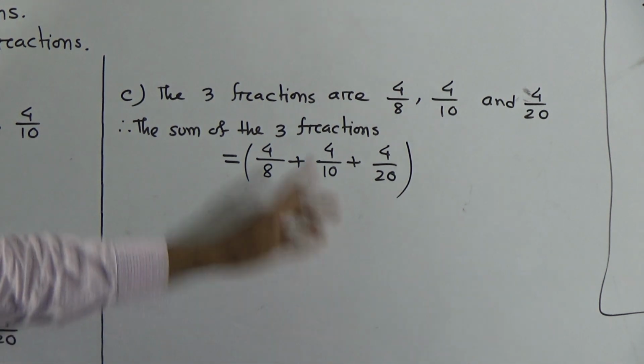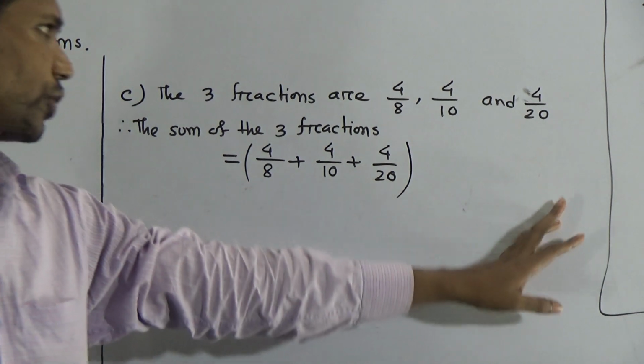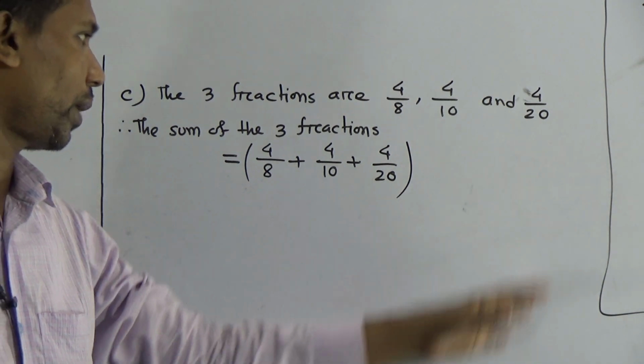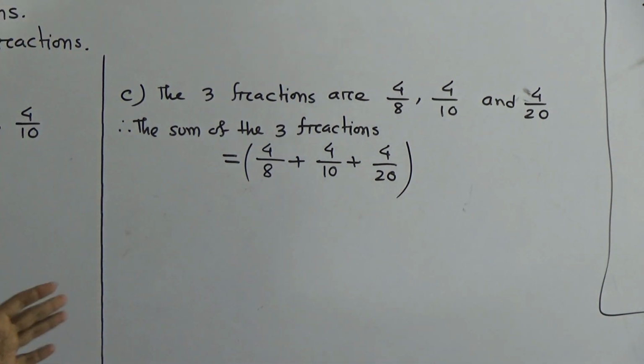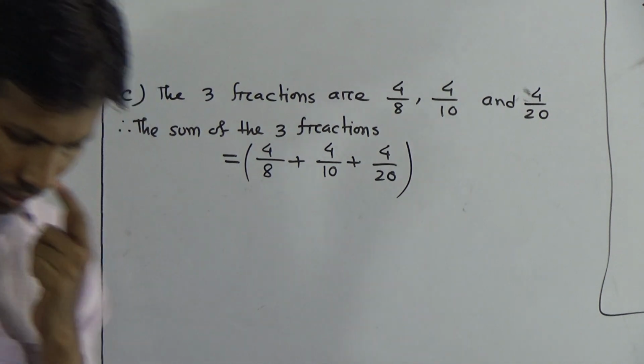Look, first fraction is 4 by 8, then second 4 by 10, and the last fraction, that means the third fraction, is 4 by 20. Now we have to add. So our first duty, do the addition of 8, 10 and 20. Okay?